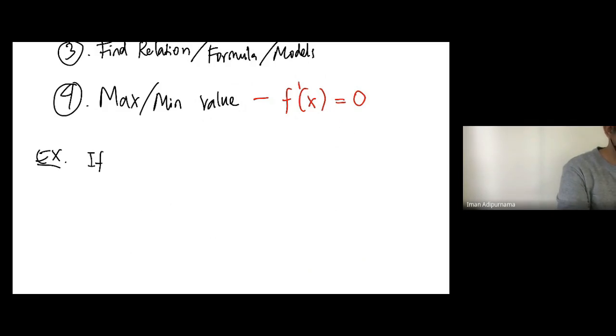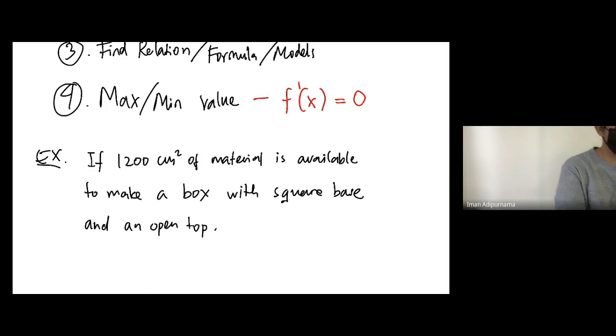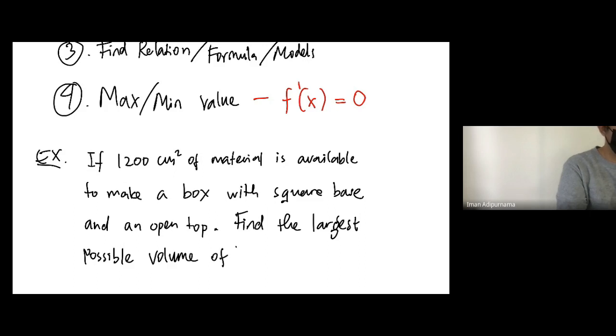If 1,200 centimeter square of material is available to make a box with a square base and an open top, find the largest possible volume of the box. So we start with this simple one with the box.